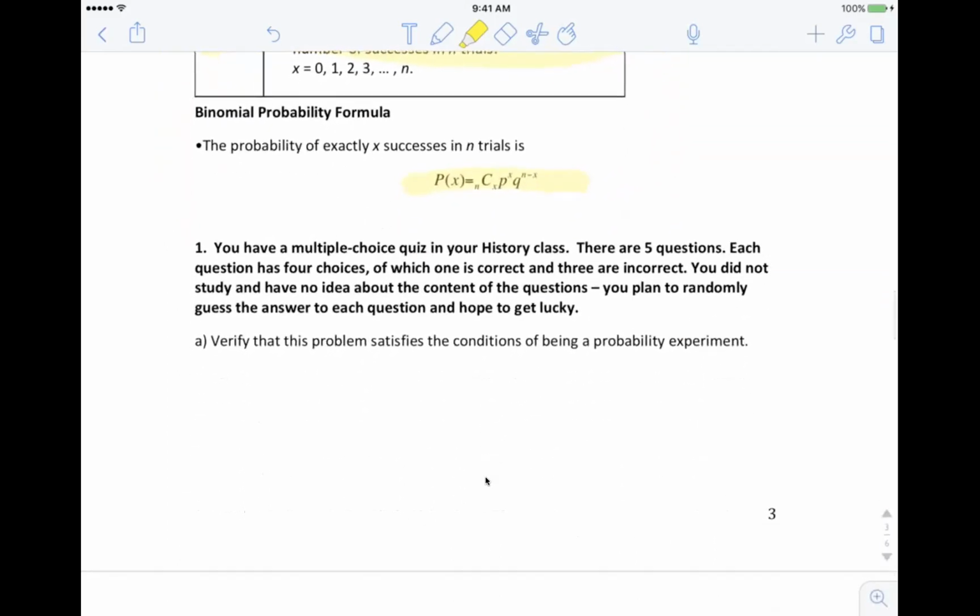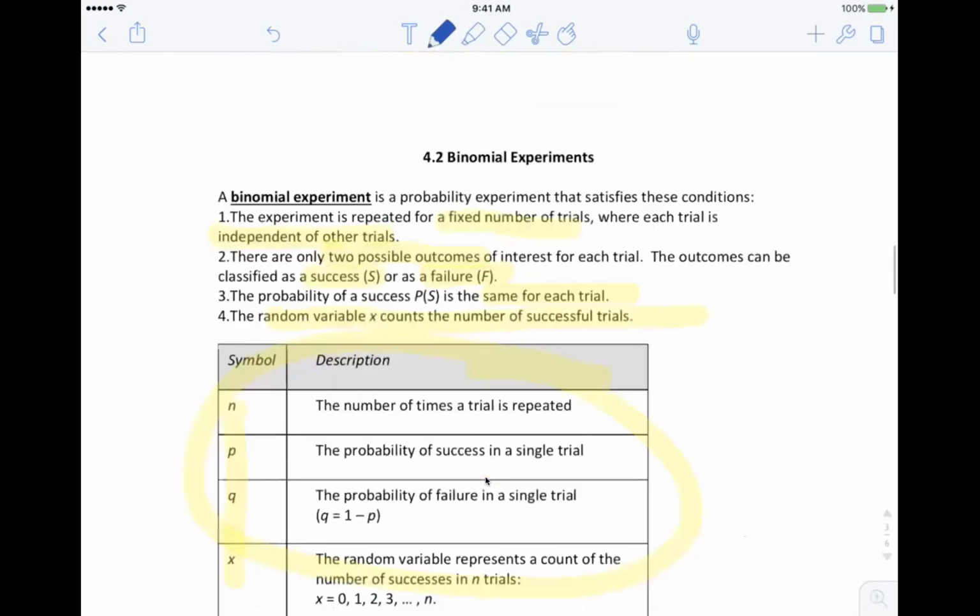But first, is this problem a binomial experiment? That should say verify that this problem satisfies the conditions of a binomial experiment. So let's change that right now. Is this binomial?